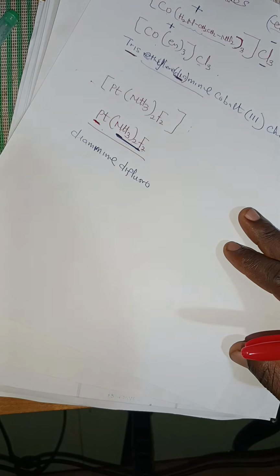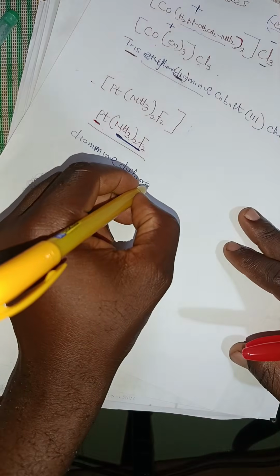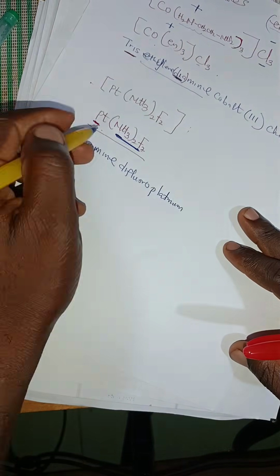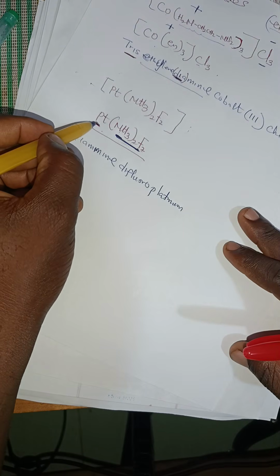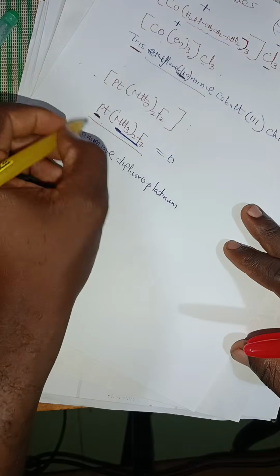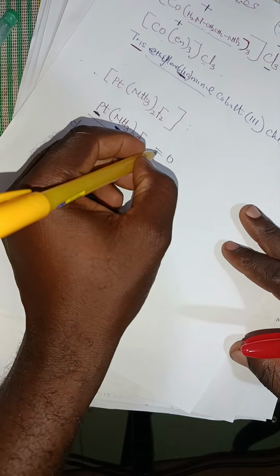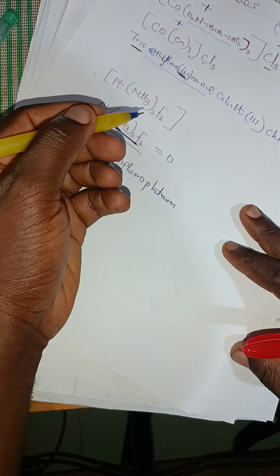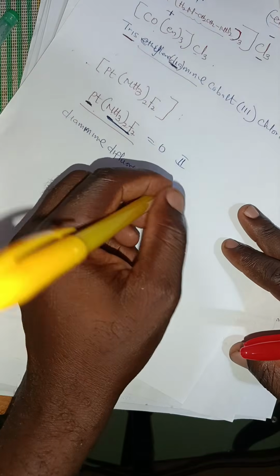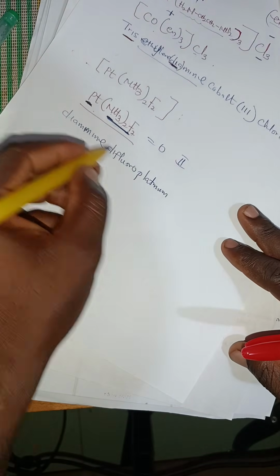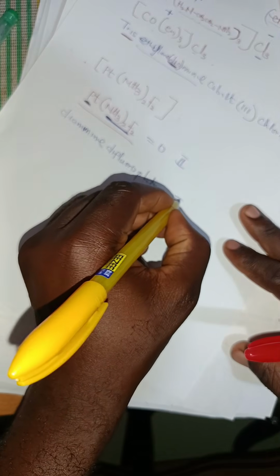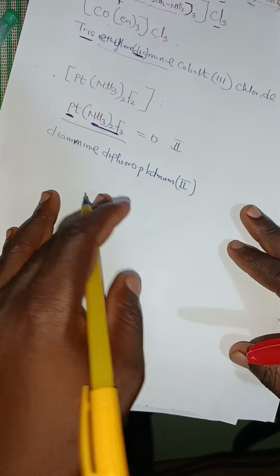Since it's neutral, since it's not negative, you still call it platinum. Then calculate the oxidation state of Pt here. You equate everything to 0, since there's no charge. If you calculate it, it should give you +2. So just ensure that there's no gap between everything. Platinum(II).